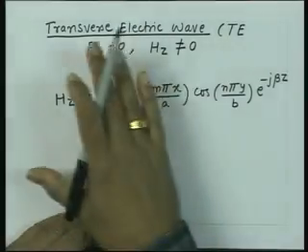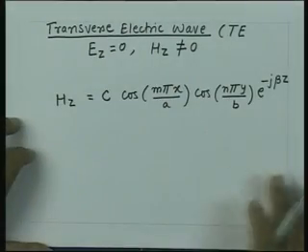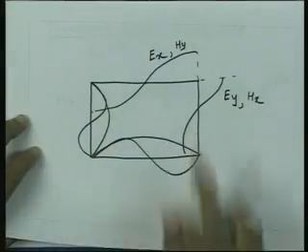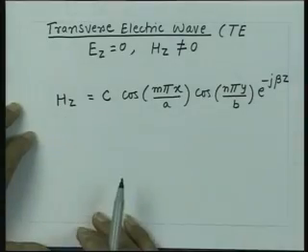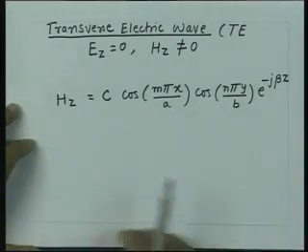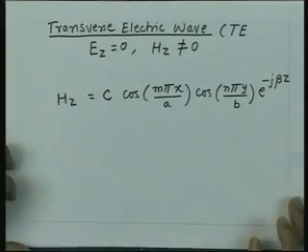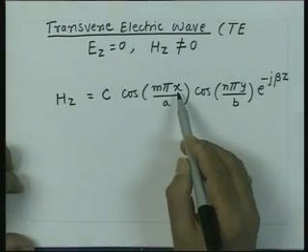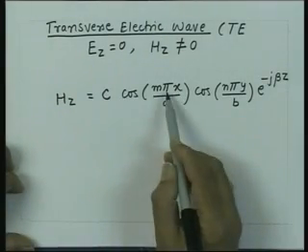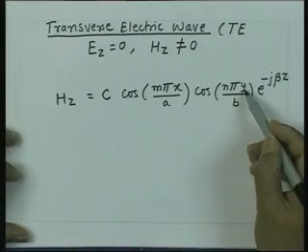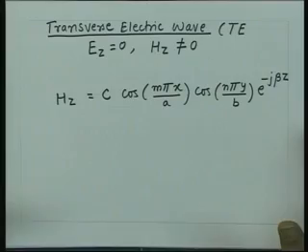However, without going through the same routine steps, essentially from the understanding which we develop, that the magnetic field when it becomes tangential to the conductor is maximum, I can get the expression for Hz, and one can go and verify that if I had done the rigorous analysis, essentially I would get the same expression. Now, this you can verify: when x is equal to 0, the field is maximum, at x equal to a, again the field is maximum, y equal to 0 and again y equal to b, again the fields are maximum.